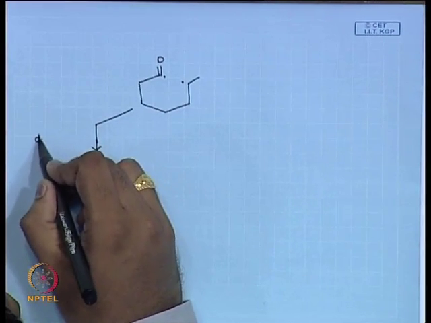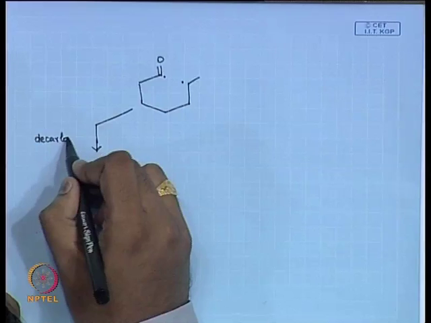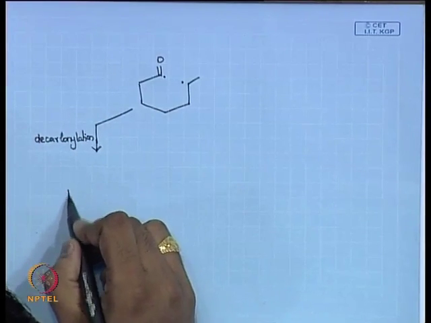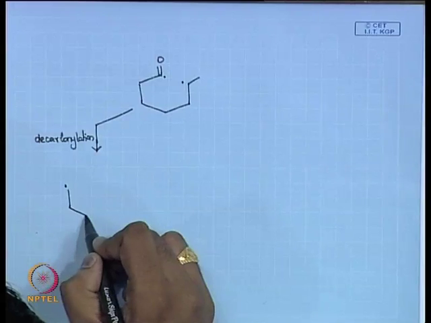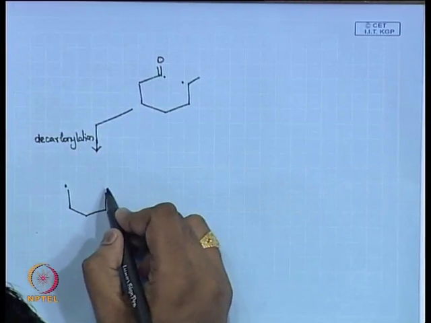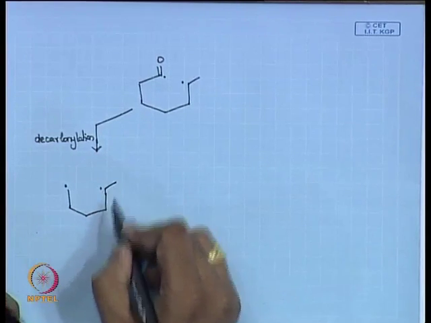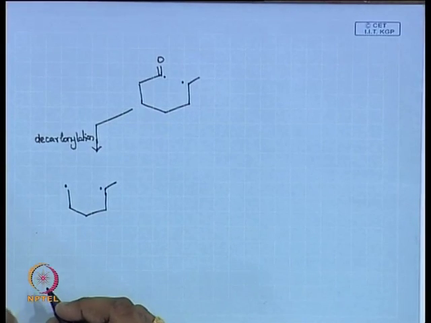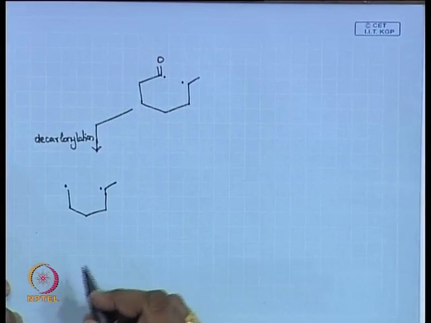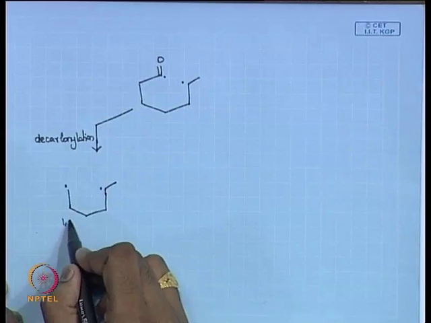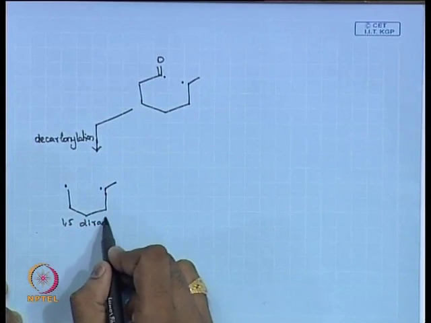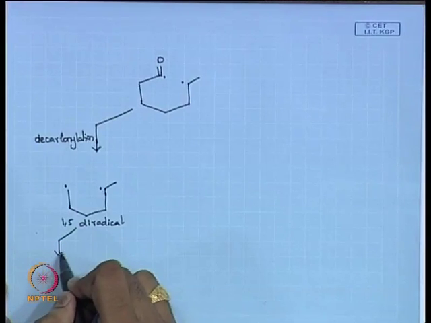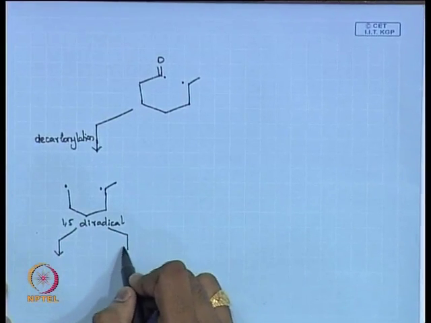So it can undergo a decarbonylation. So it is a 1,5 diradical. And basically you should get 2 products from here.